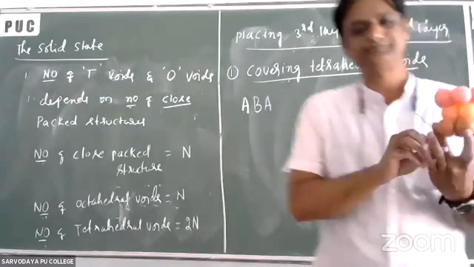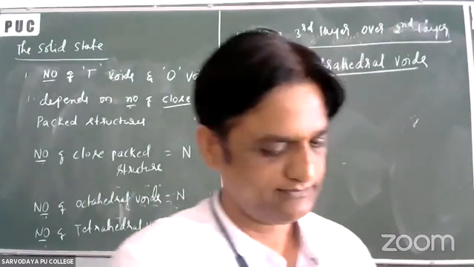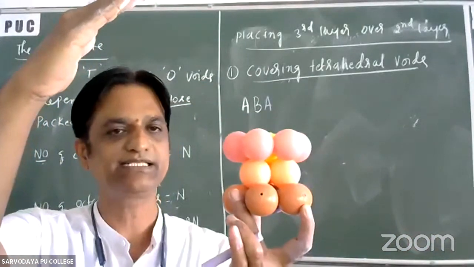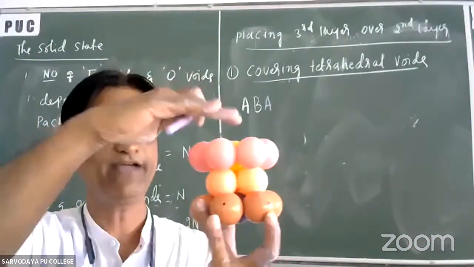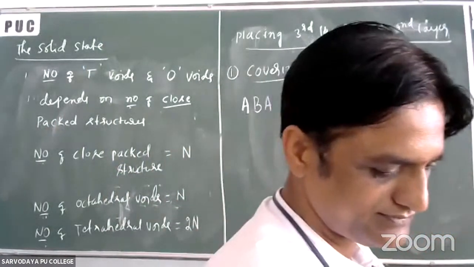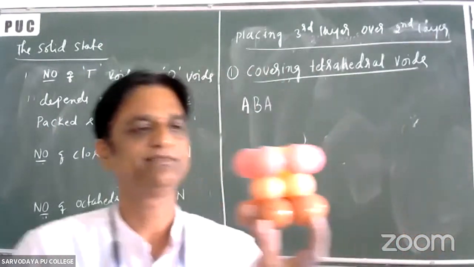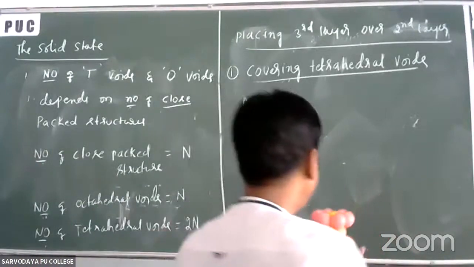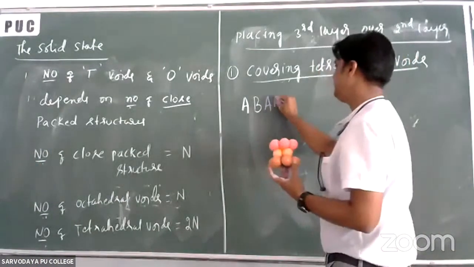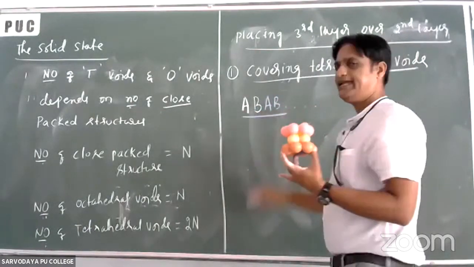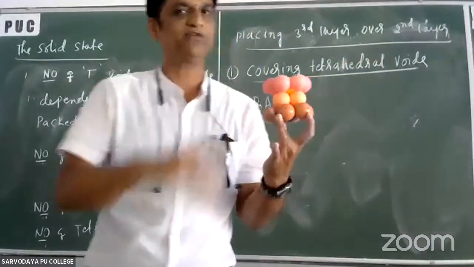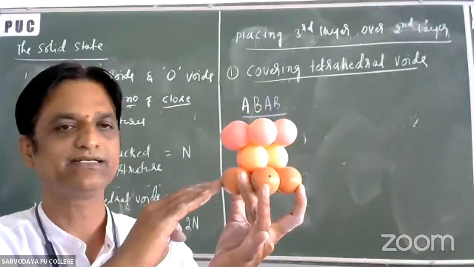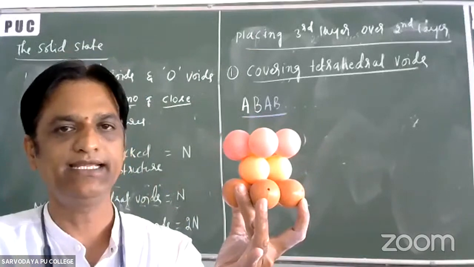So like this, if I go on arranging layers, suppose I arrange one more layer, the fourth layer will be the same as the second layer. Again I will get B. So the AB pattern of arrangement takes place when layers are arranged one above the other.